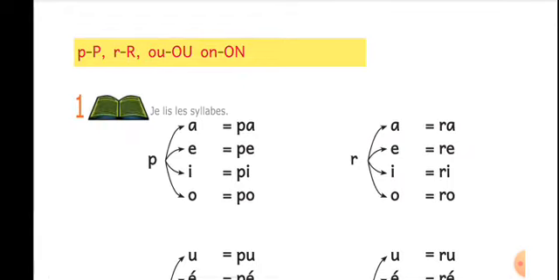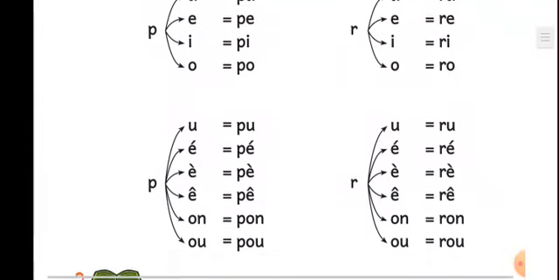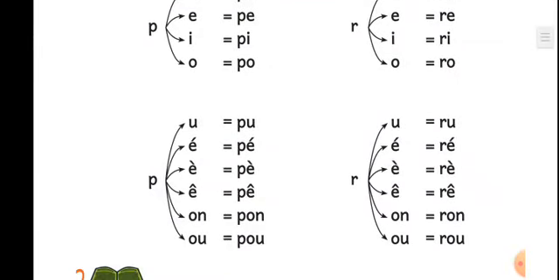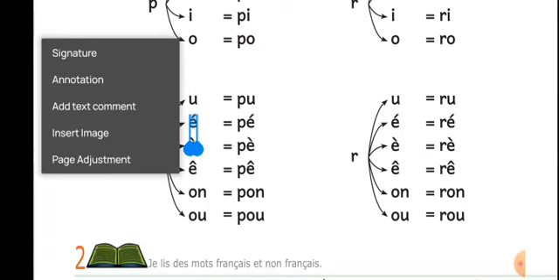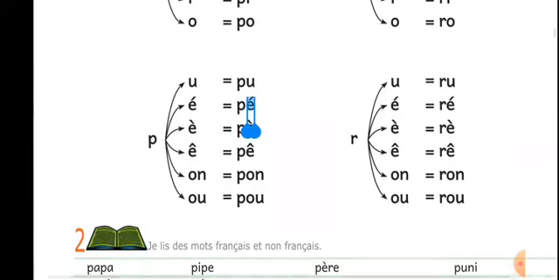In the last lesson, we talked about the P, R, U, ON sounds, as you can see right here. We asked you to pay extreme attention to this E with the accent aigu, which we mentioned is pronounced A, as in the word right here.